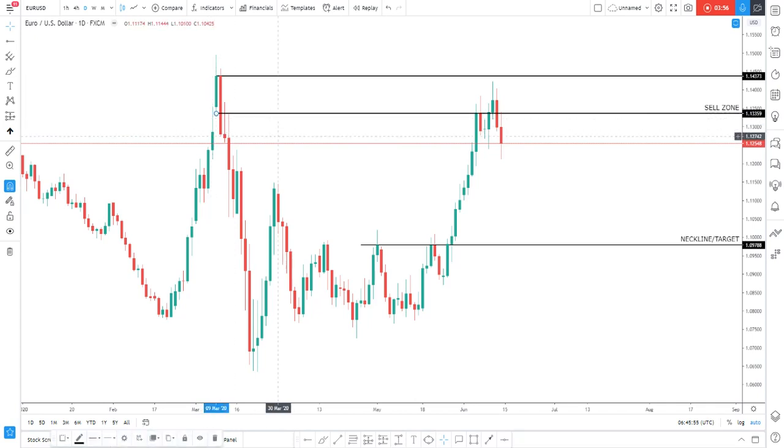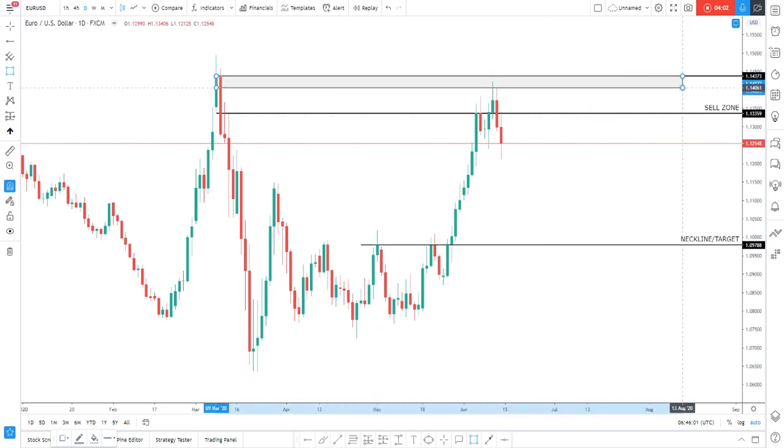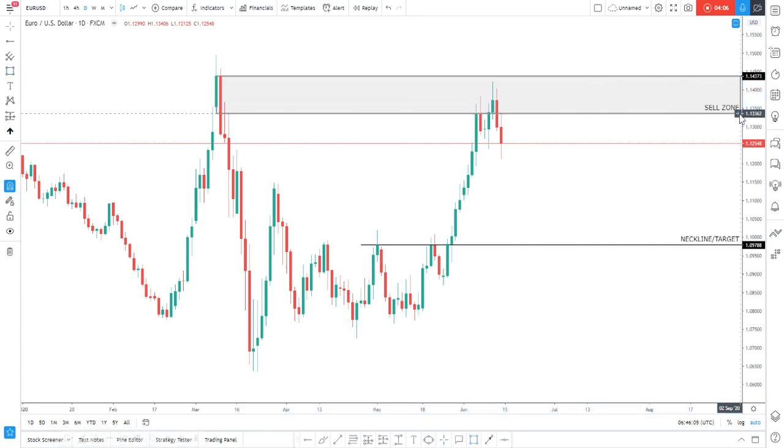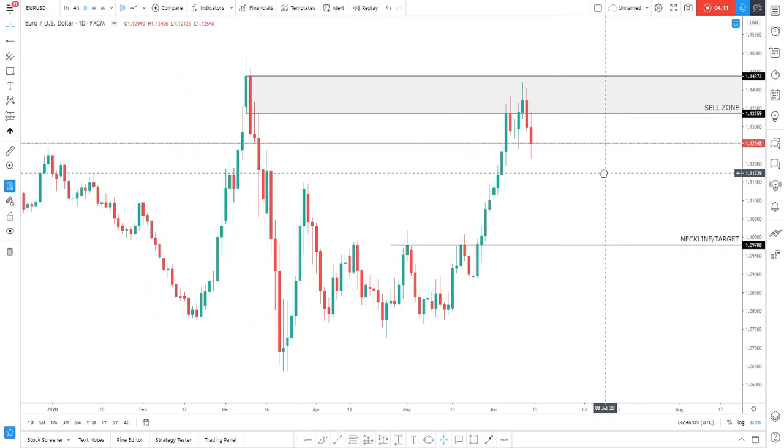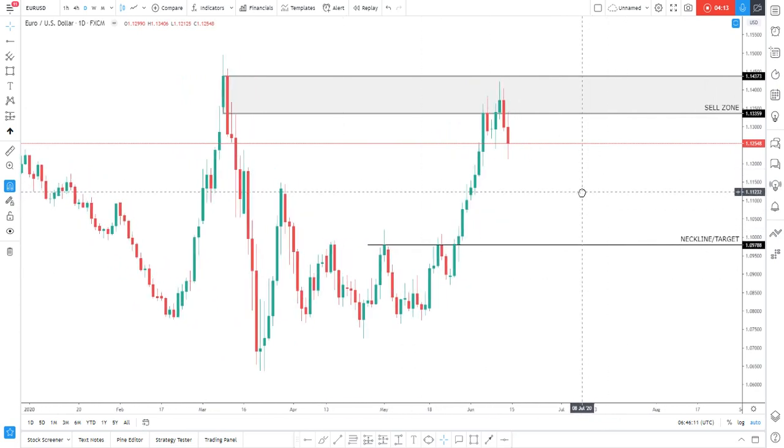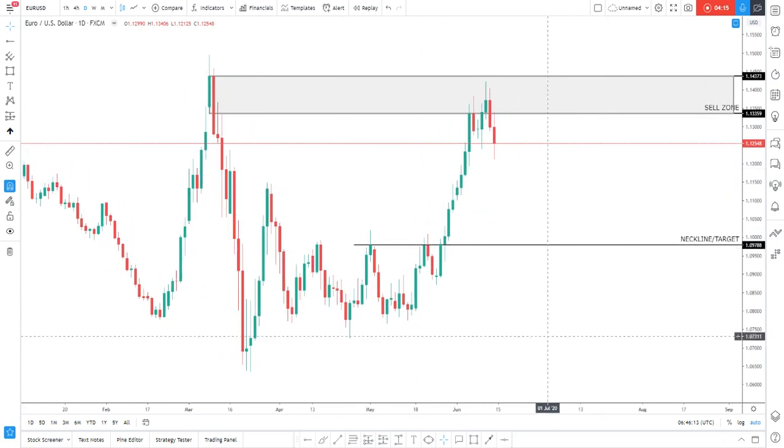So I can now pick my box tool and let it be known that this is a sell zone. Sell zone marked out nicely, and we can see this is the neckline, our initial target.